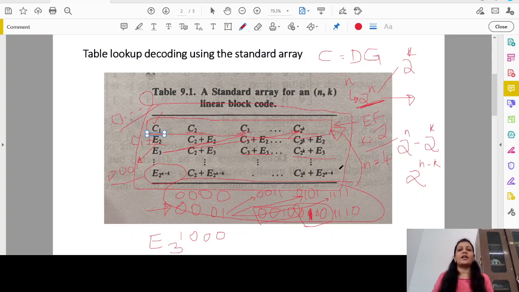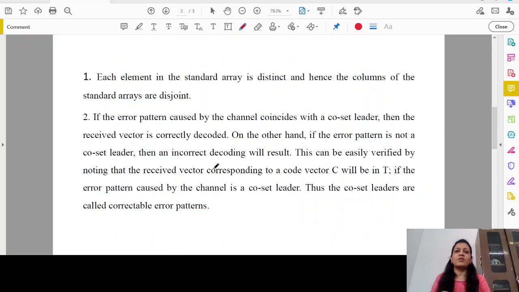This standard array will be used at the decoding end in order to decode received data, irrespective of whether it contains any errors or not. So, how to decode that particular data? I'll come to that point. Before that, note down some of the properties.